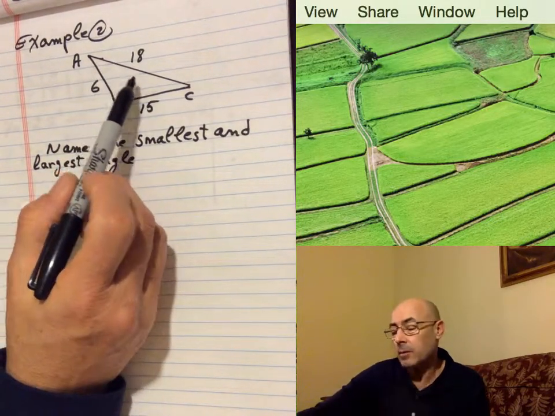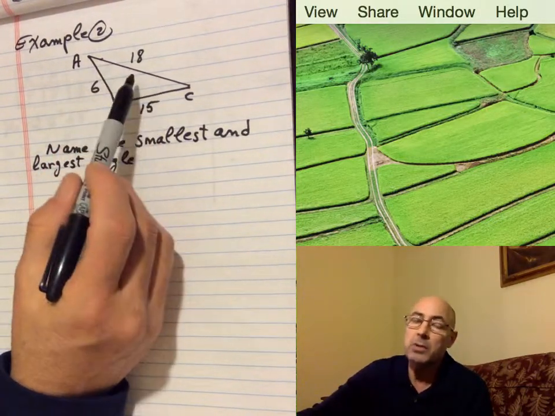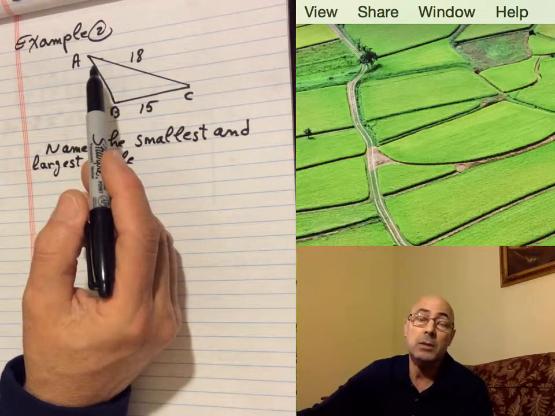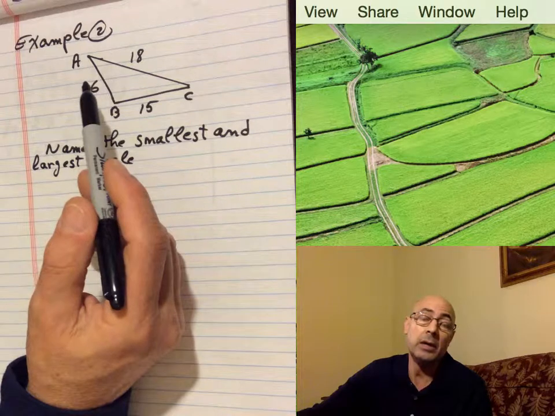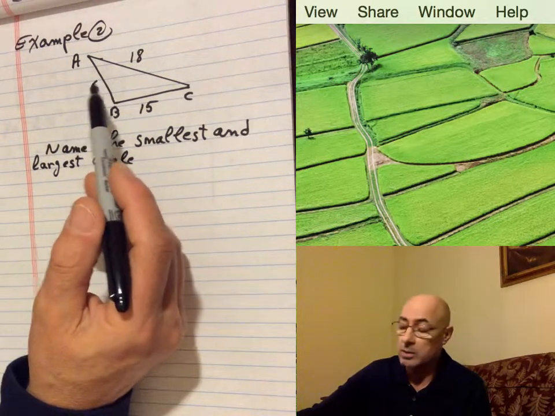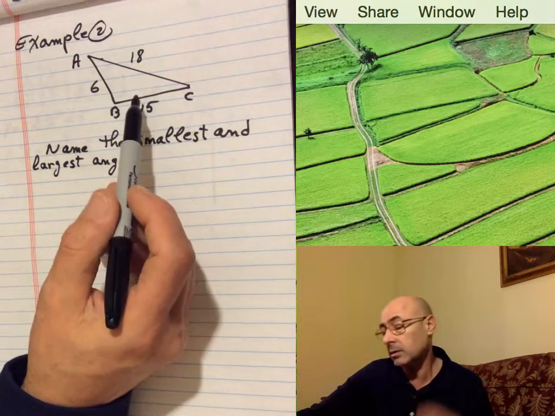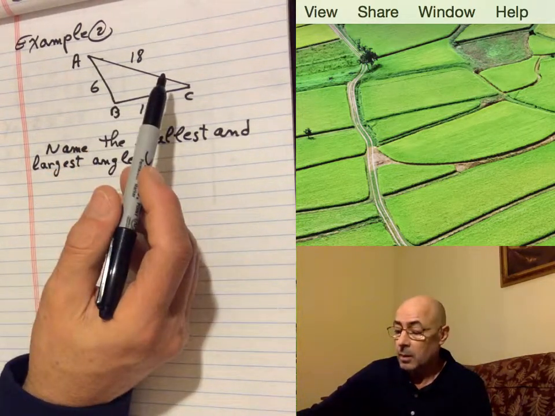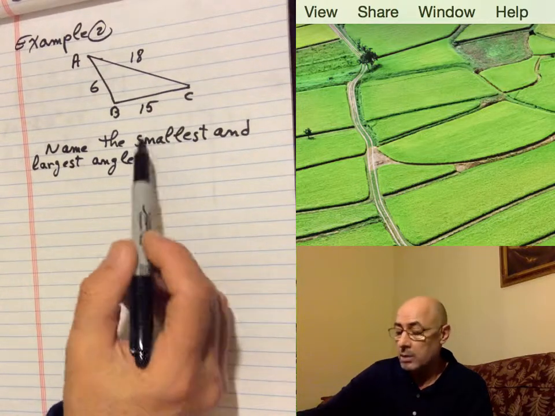Actually, this time we know the three sides, because if we know only two sides, there is no way to find the third side unless it's a right angle triangle, and then you apply the Pythagorean theorem, a squared plus b squared equals c squared. This is not a right angle triangle, so they give you the three sides. And you want to know which one is the smallest angle.